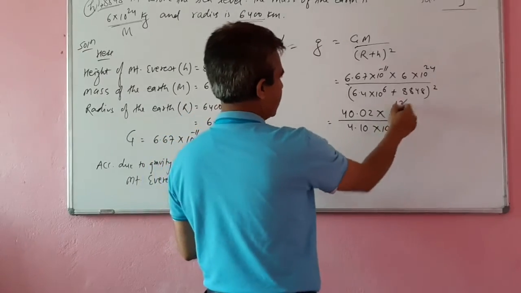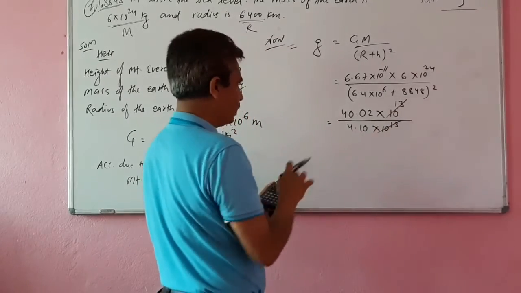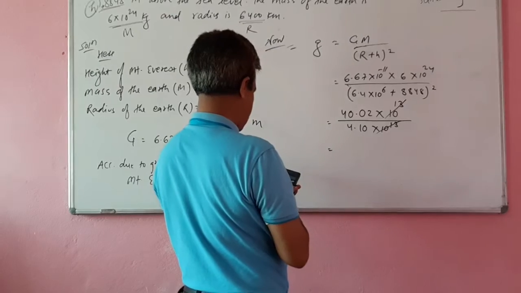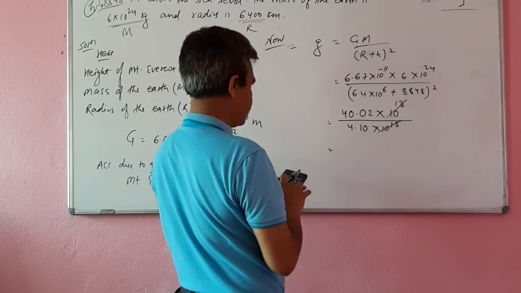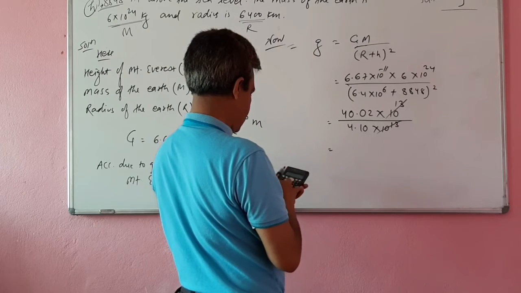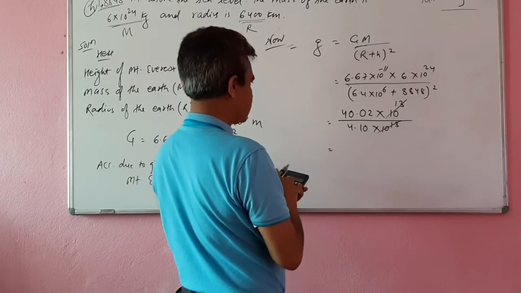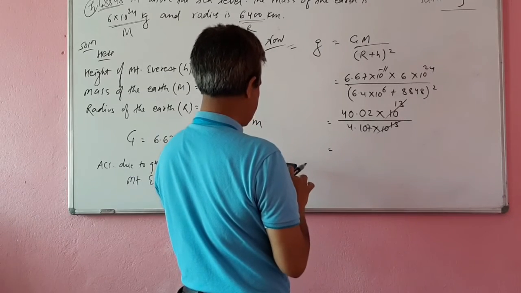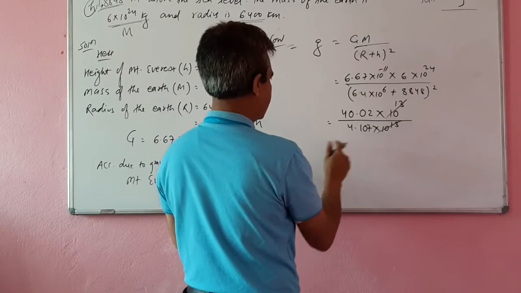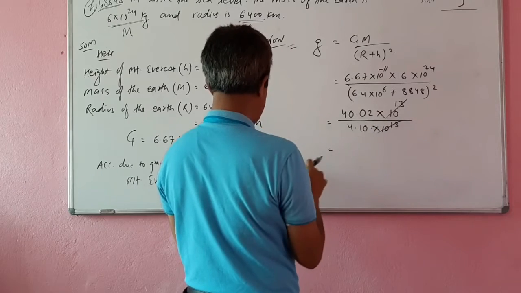Okay, so 10 to the power 13 and 10 to the power 13 cancel. Simply you divide 40.02 divided by 4.10, equals 9.74. Or if we take 9, that is only 10.